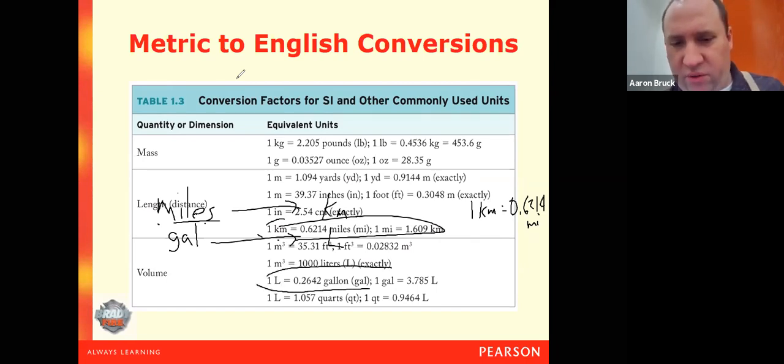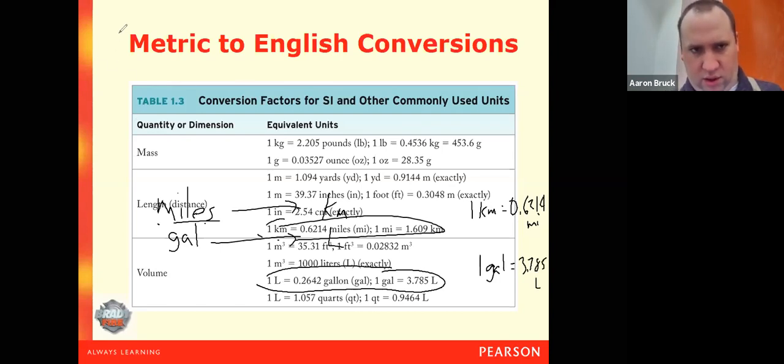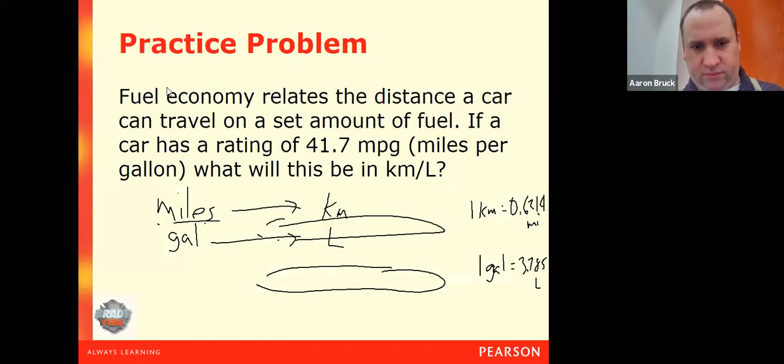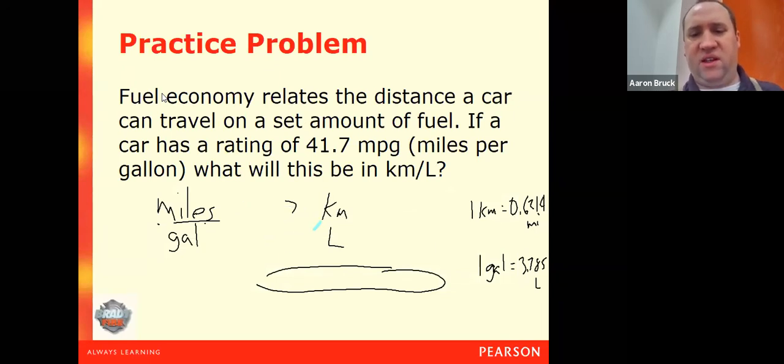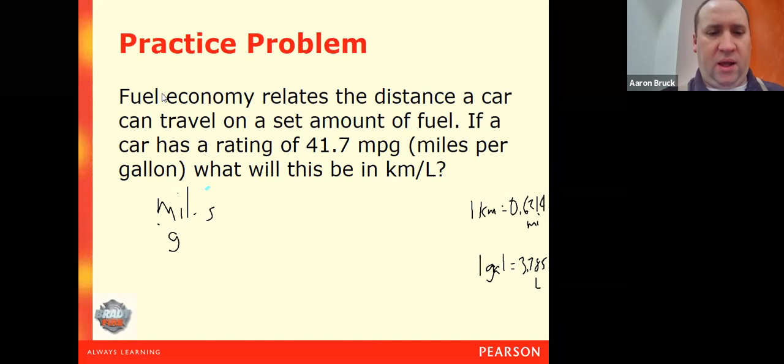The other conversion that we're interested in, gallons and liters, is right there. 1 gallon is equal to 3.785 liters. So now that I have those conversions in place, I can go ahead and try to solve the problem.